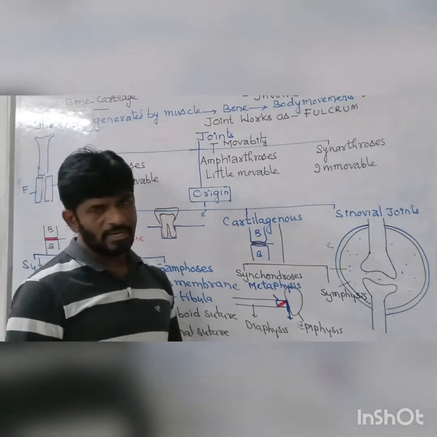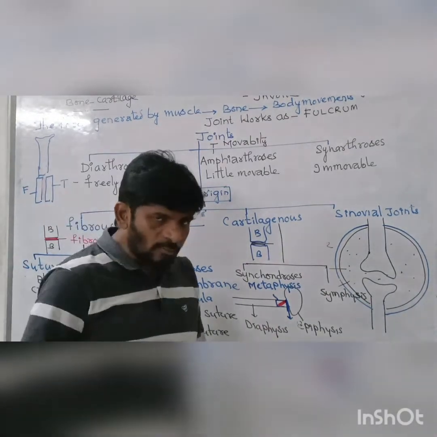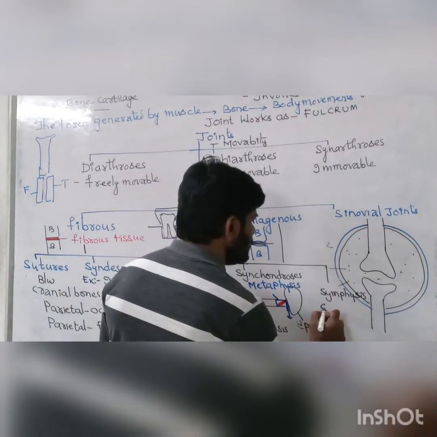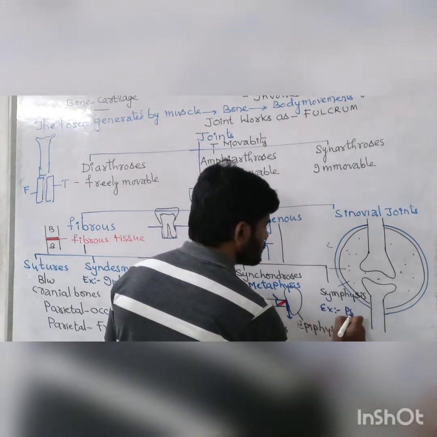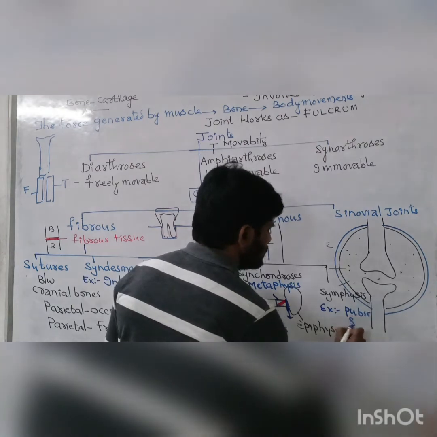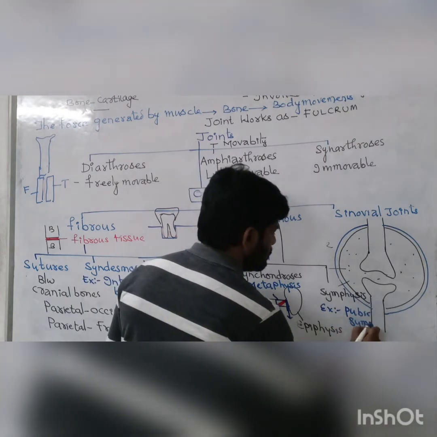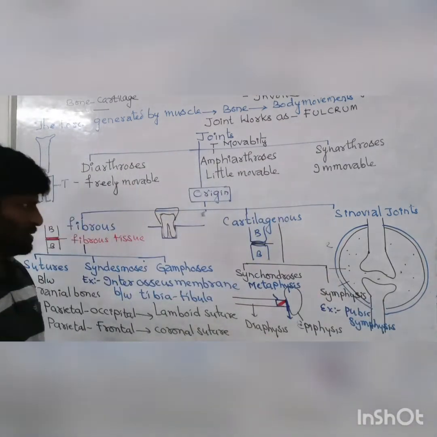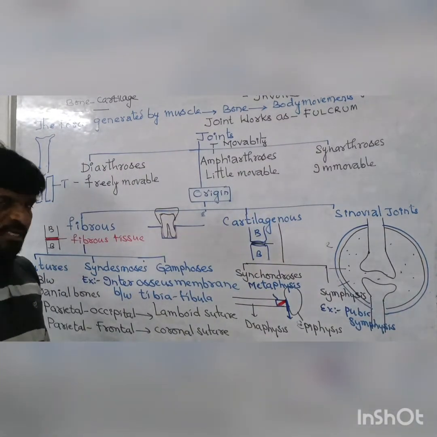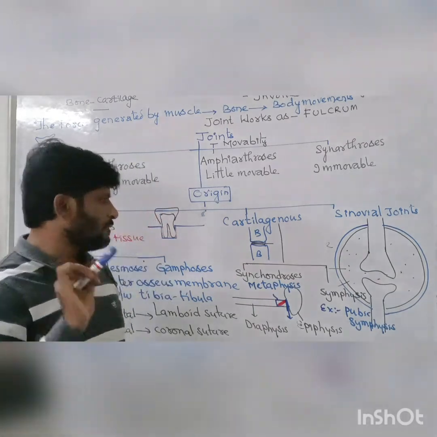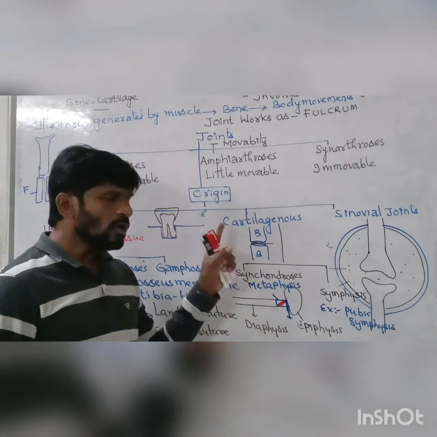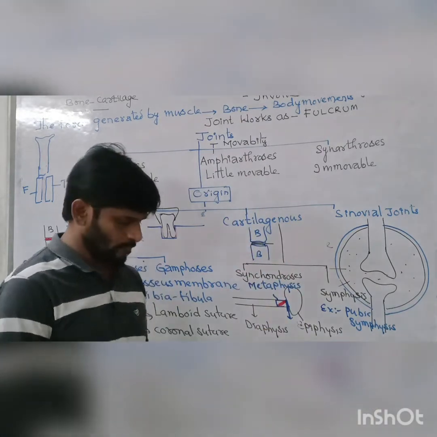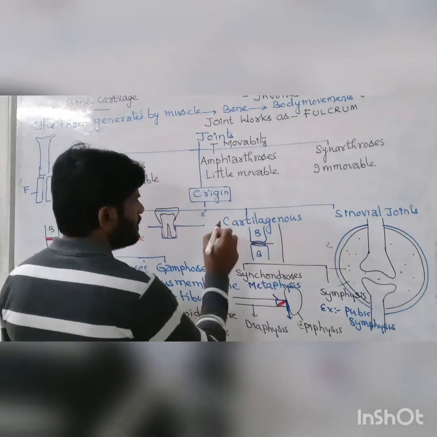Symphysis, as I explained earlier, is formed between the two pubic bones. Example is the pubic symphysis. And in the NCERT textbook I have written that a cartilaginous joint is present between the two regular vertebrae.